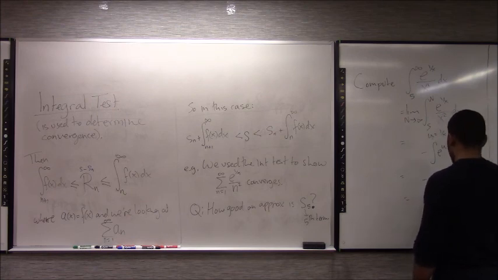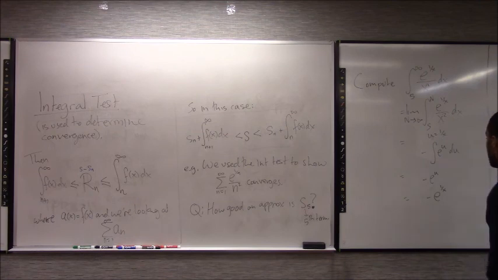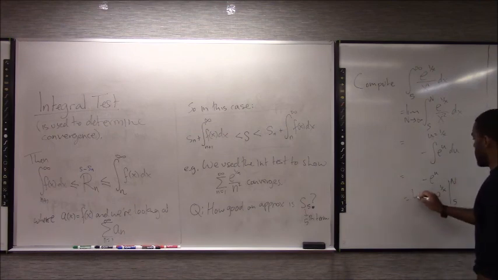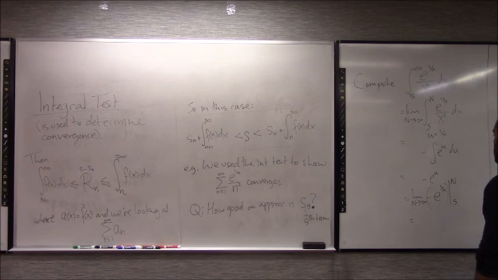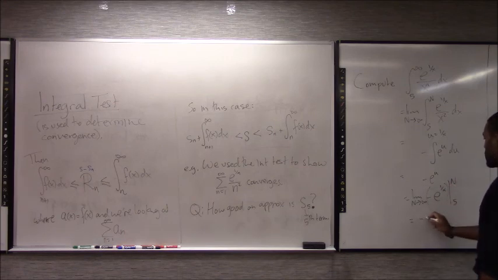So this is minus e to the 1 over x, between 5 and n, as my n is going off to infinity. So if I plug in n and let n go off to infinity, this goes to e to the 0, which is minus 1, plus plug in 5, e to the 1/5.